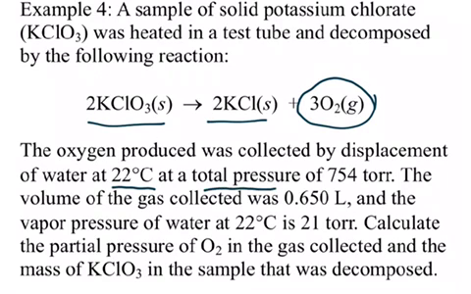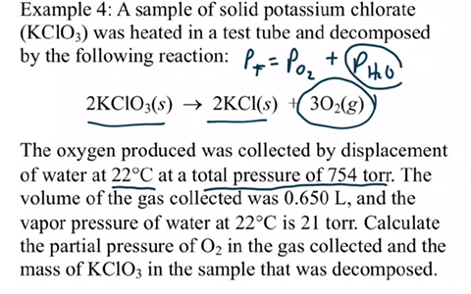They also give you the total pressure. Be careful. We don't want the total pressure. You see, the total pressure, which is atmospheric pressure or total pressure, will be the pressure of the oxygen you're collecting plus some of that pressure is due to water. We need to subtract this number.